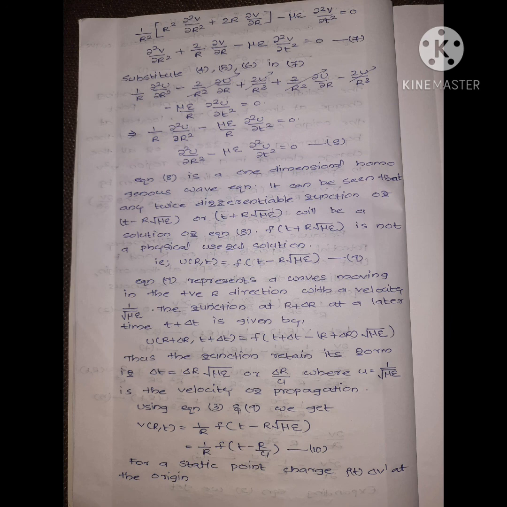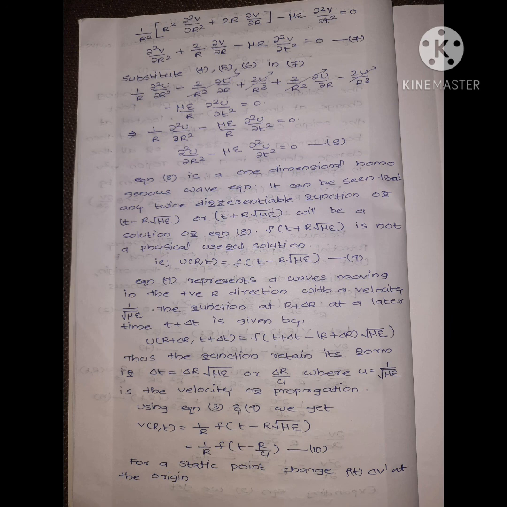The equation becomes (1/r) ∂²u/∂r² − (2/r²) ∂u/∂r + 2u/r³ + (2/r²) ∂u/∂r − 2u/r³ − (με/r) ∂²u/∂t² = 0.